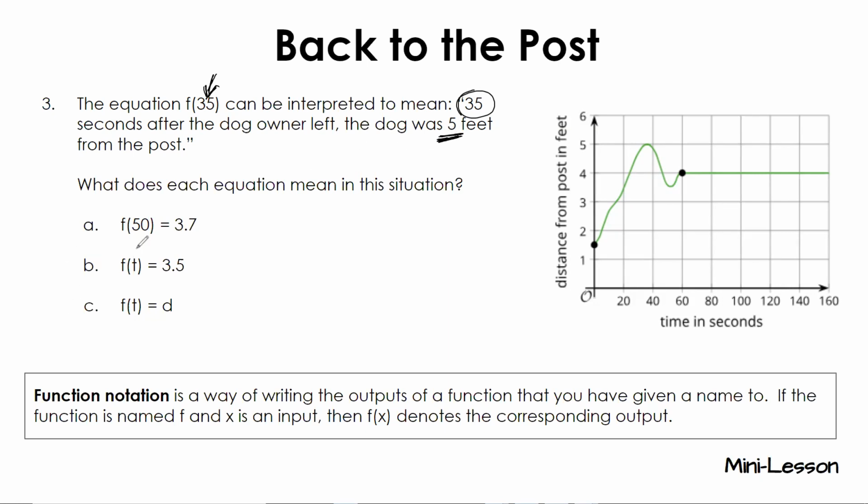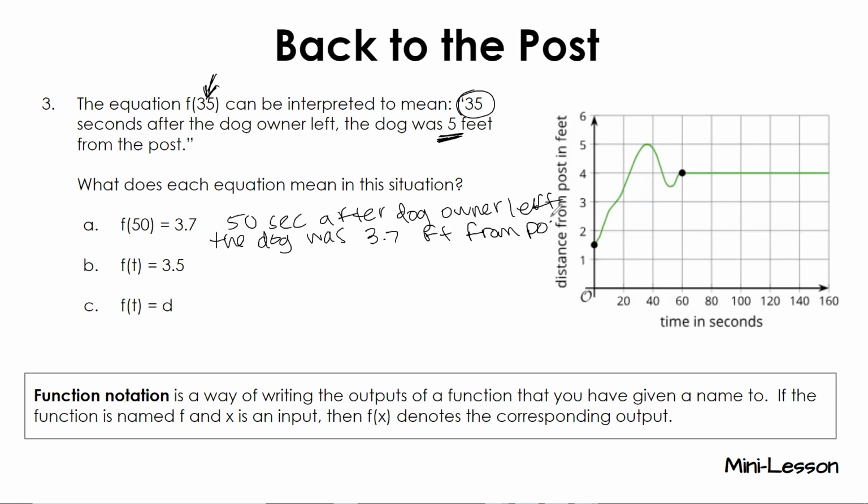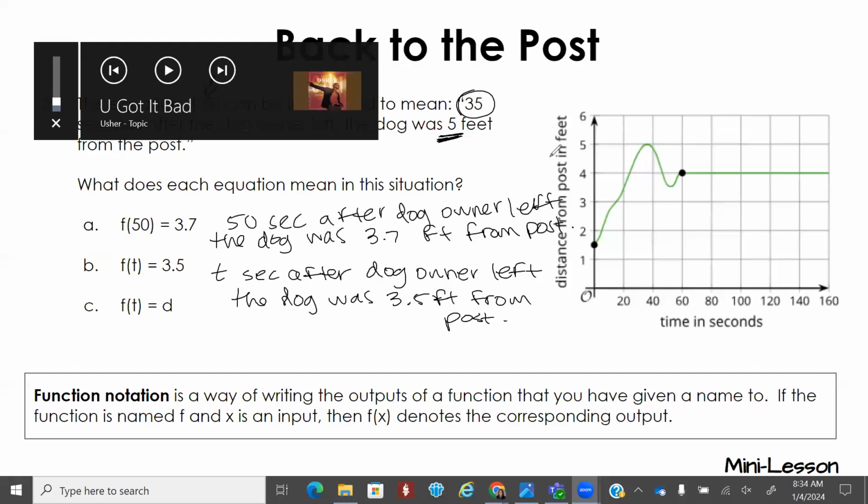Okay, so on this first one, this means that we have 50 seconds after the dog owner left, the dog was how far? 3.7 feet from the post. Okay, so I got T seconds after dog owner left, the dog was 3.5 feet from the post.